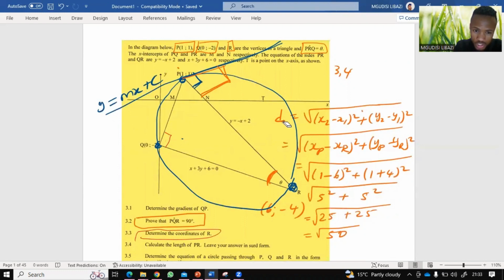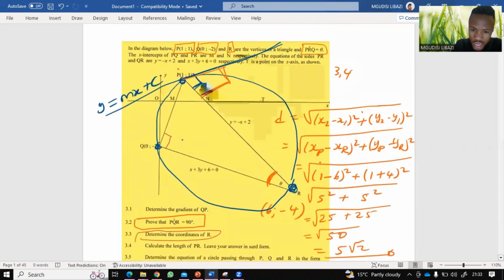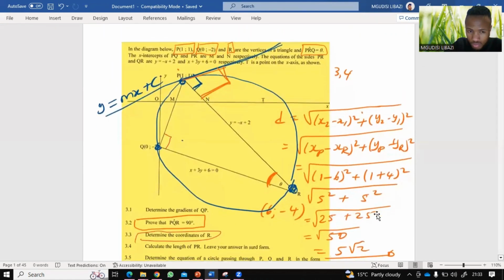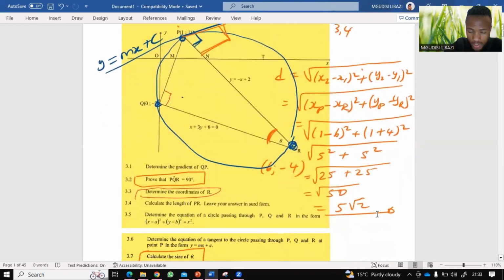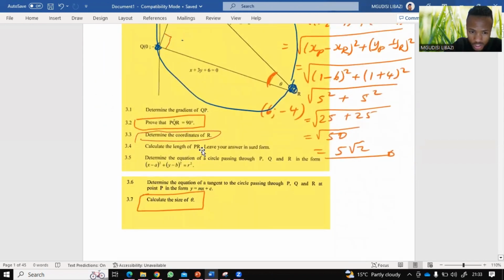Even this answer, I can actually simplify it. Let's see, square root 50 is the same as 5 root 2. It's still in surd form because the answer said surd form. So to find this angle there, we have the distance that we already have, that square root 50.